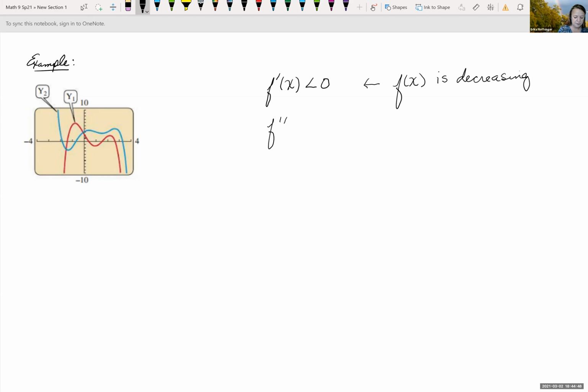If I'm looking at my original function and where my graph is increasing, I know that my derivative function would be greater than 0. So if f of x is increasing, then we know our derivative is positive. If it's decreasing, the derivative function is below the x-axis.